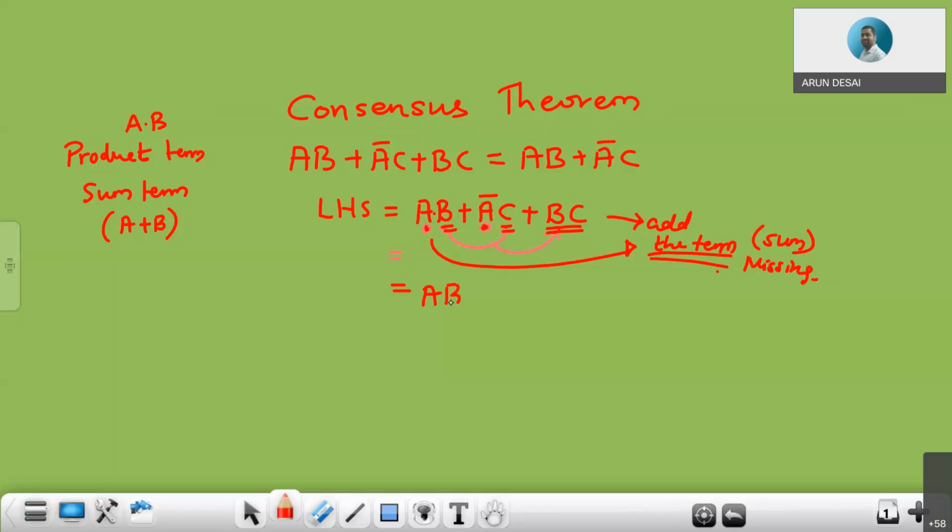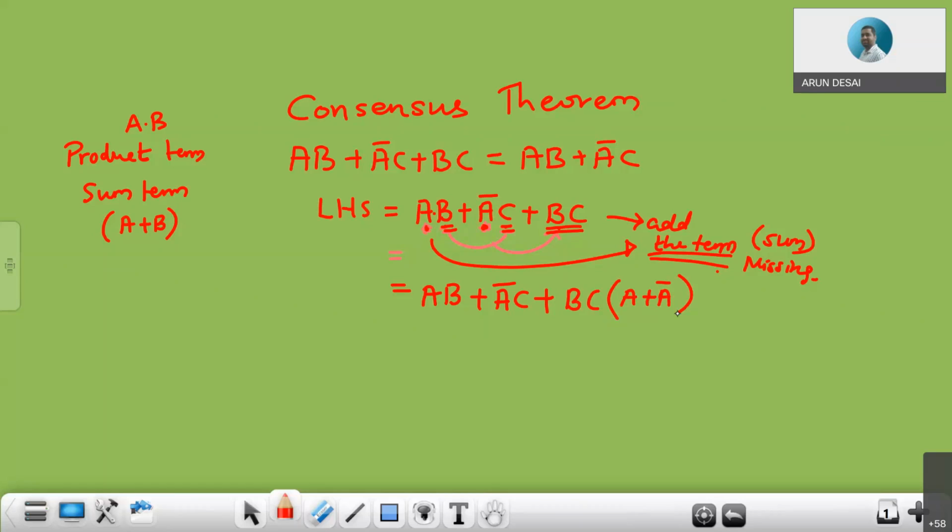In that case, AB plus A complement C plus BC into A plus A complement, right? What is A plus A complement? Yes, what is the value of A plus A complement? Obviously 1, right?